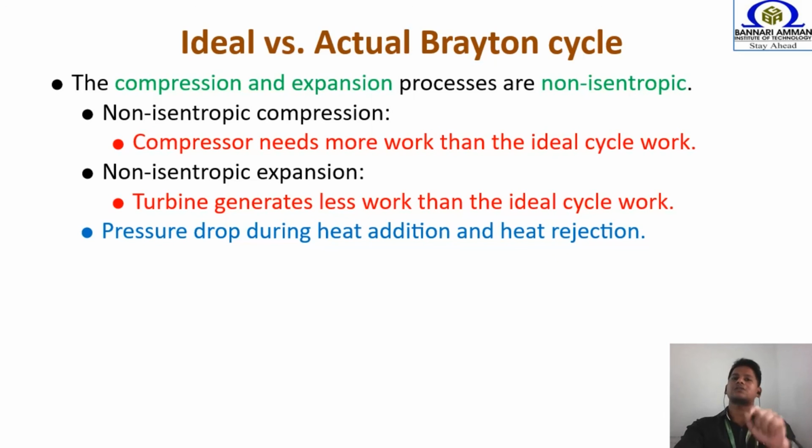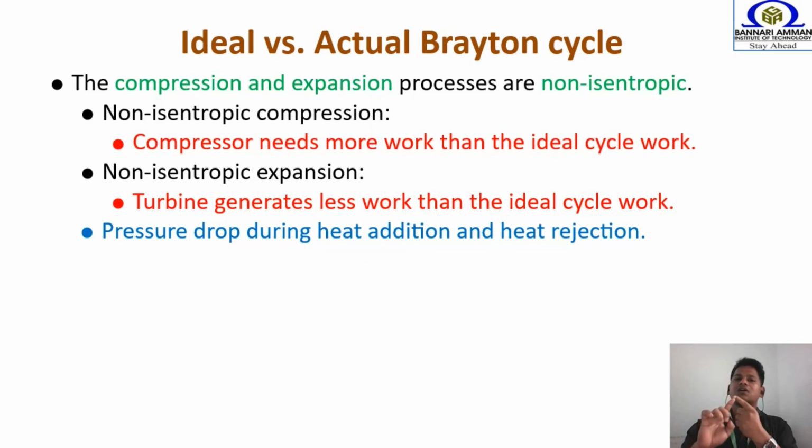Second thing, expansion. Instead of isentropic expansion in your turbine, if you have polytropic expansion, then instead of 10 kilowatt of work extraction, you have only 7.5 kilowatt of work extraction. So you have two problems here.